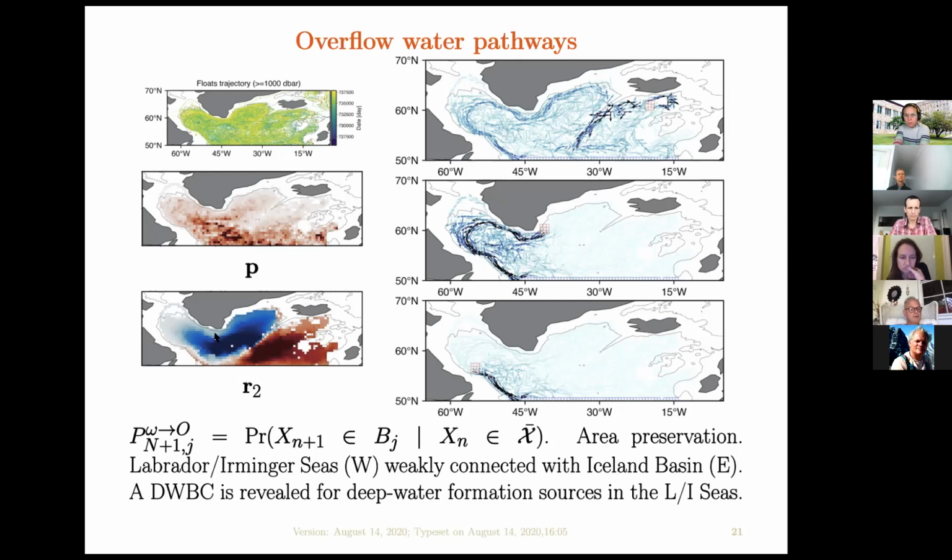The left in here has the Labrador Sea and the Irminger Sea, and on the right you have the Iceland basin. So Philippe Miron is attending the meeting. He went and put sources in different regions, possible sources of the water formation, and depending on where you put the sources, you can reveal a well-defined boundary current.